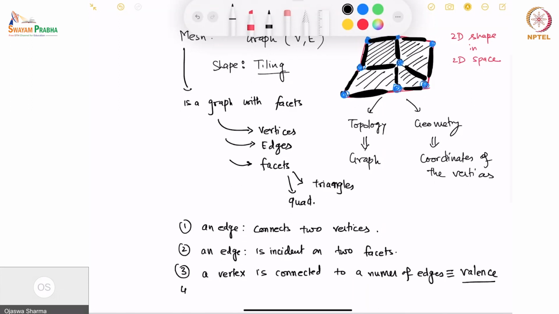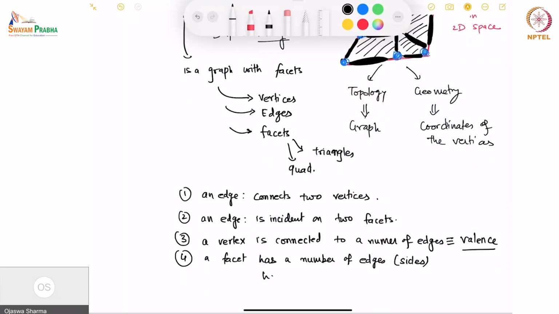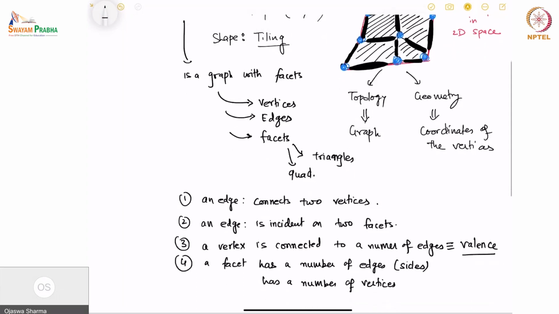Okay, and of course, a facet has a number of edges, also known as sides of the facet, and also has a number of vertices, right? So that's pretty much it about a mesh.